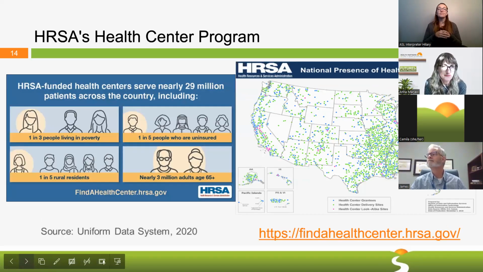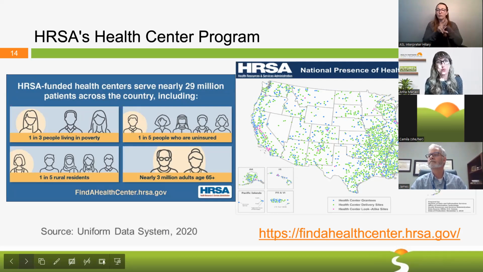So HRSA's investments have advanced the nation's health by ensuring more patients and communities each year have access to high-quality, comprehensive primary care. And you heard me mention this expansion, both of the service units and the mobile health that's offered across the country. Today, HRSA funds nearly 1,400 health centers that operate almost 13,000 delivery sites across the US, territories, and the District of Columbia.